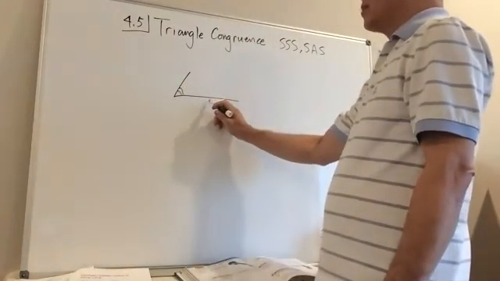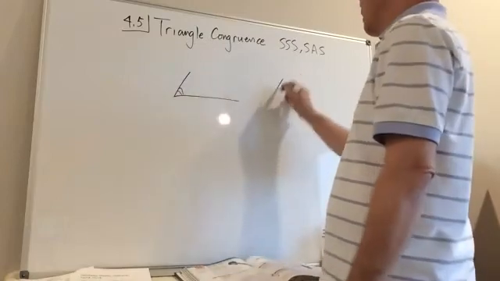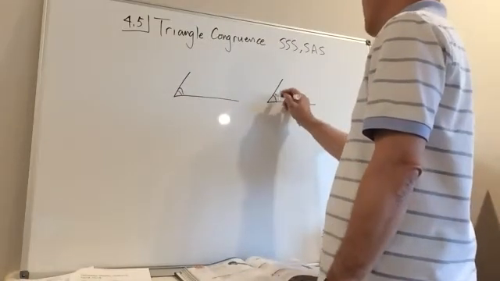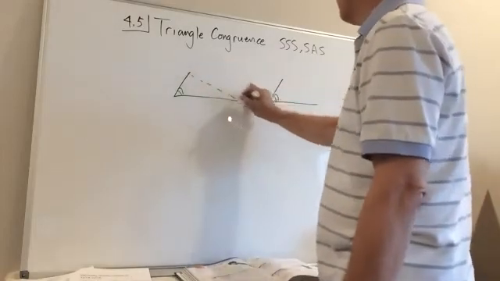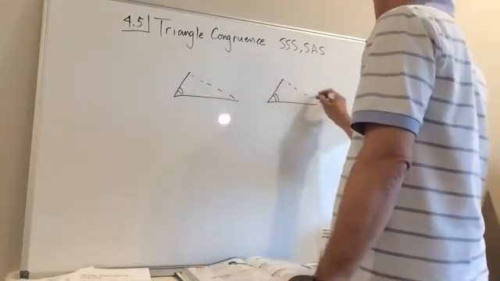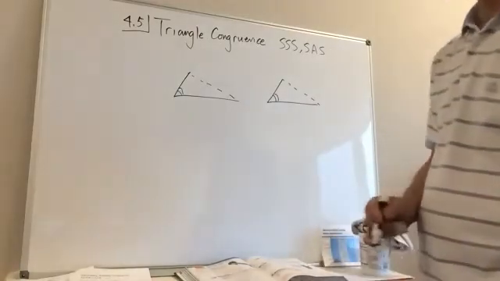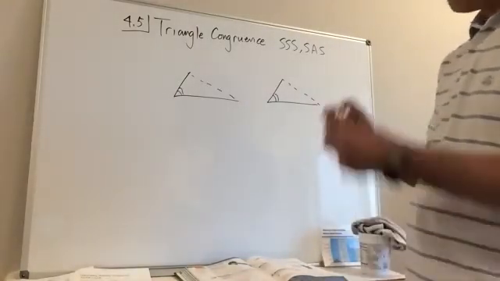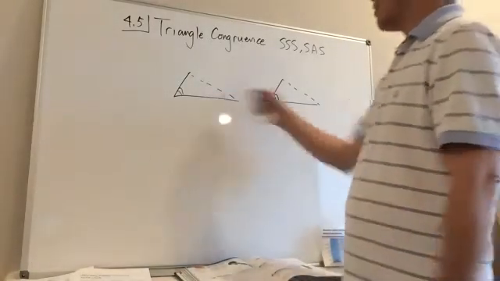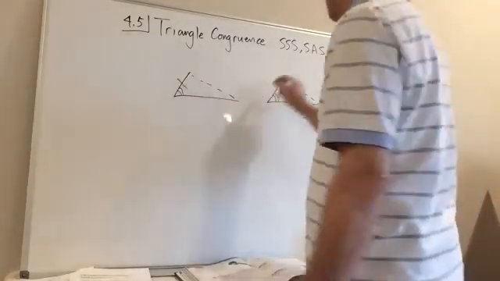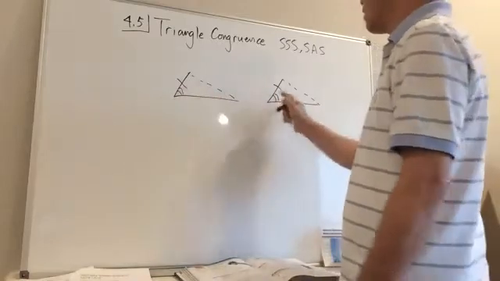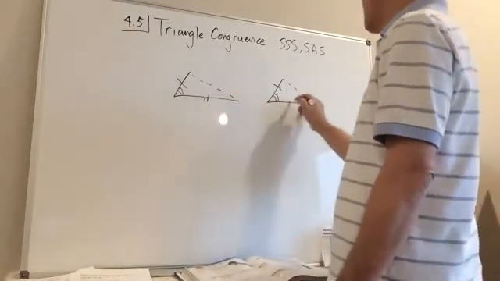If those are congruent on both triangles, there's only one other way you can complete the triangle. That's why these two triangles would be congruent if the sides are congruent, the angles are congruent, and the other side is congruent.